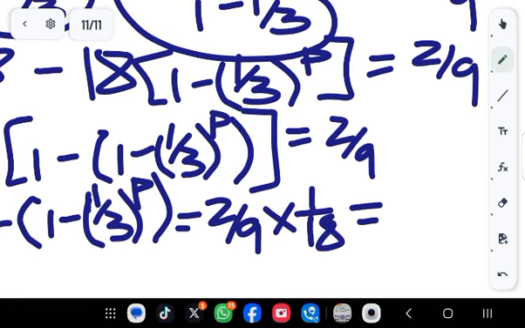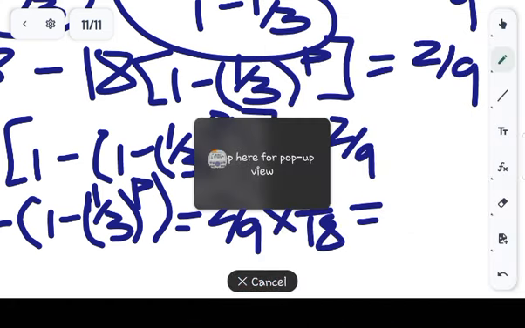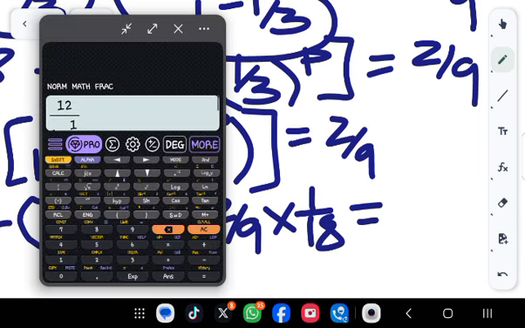That leaves us with, okay, take out a calculator. Two over 9 multiplied by 1 over 18, and that gives us 1 over 81.